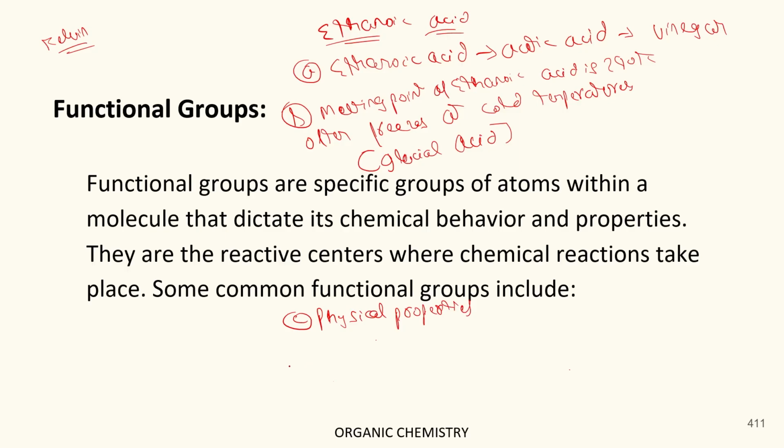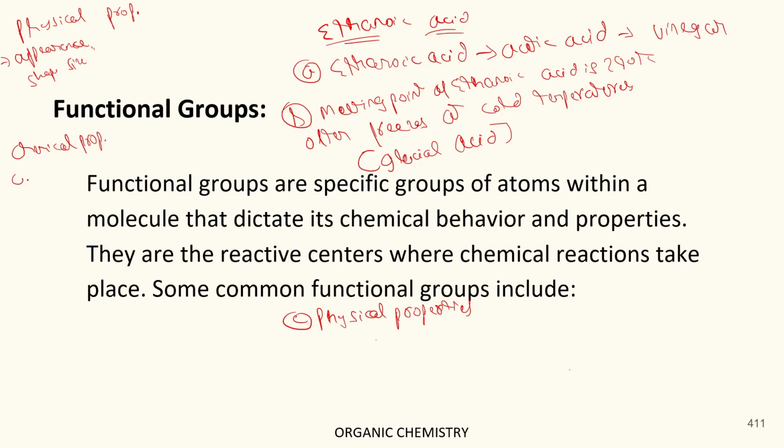So here I am going to tell you about two things. First is physical properties. Second one is chemical properties. What do you mean by this? Physical properties basically means appearance, shape, and size.